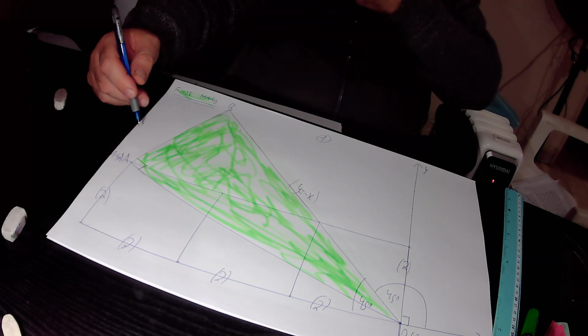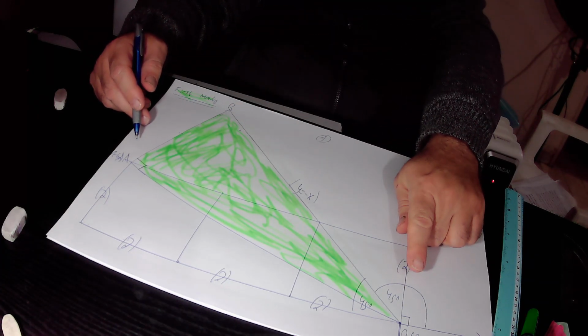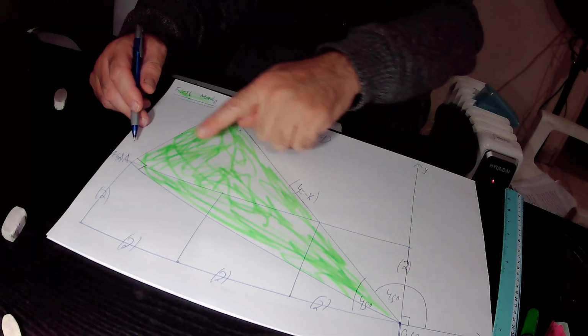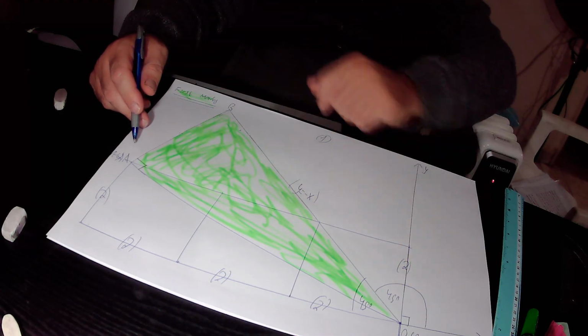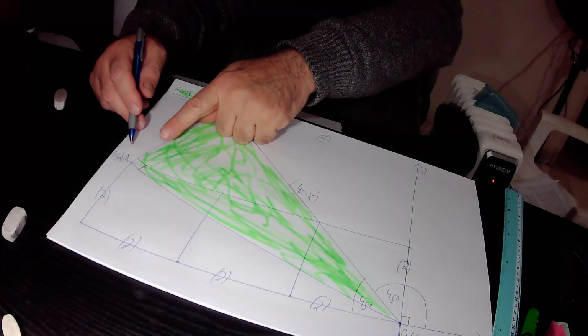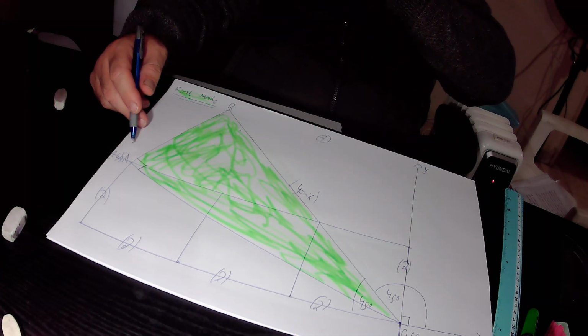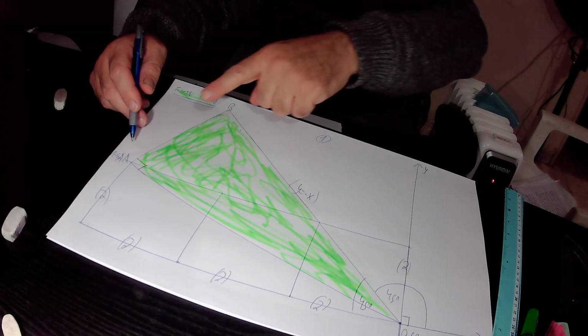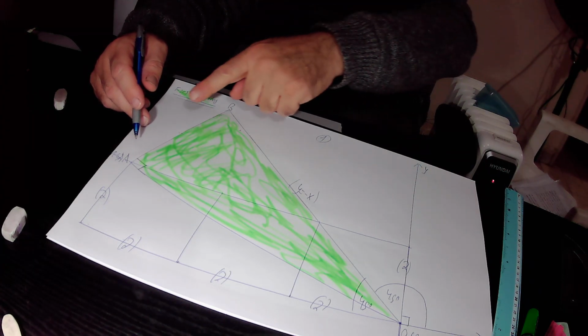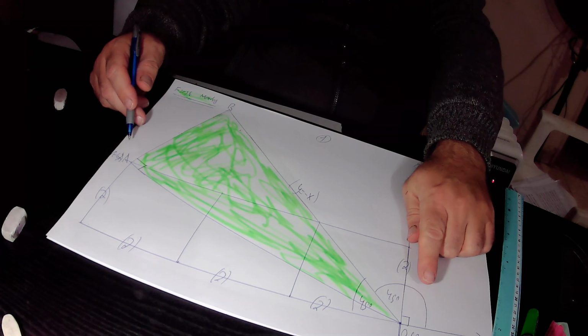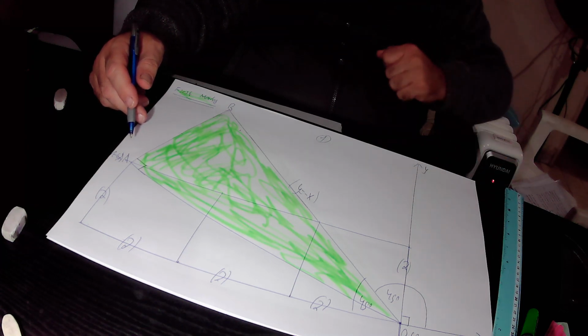So we have 2 points. Both those 2 points are located on the straight line AO. So those 2 points pass through the straight line AO. And therefore we can find out the slope of this straight line AO by using those 2 known points.